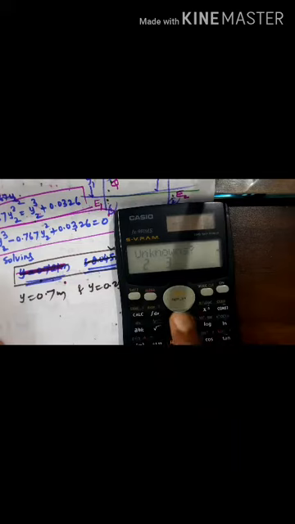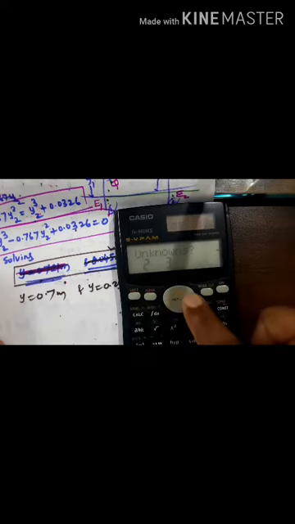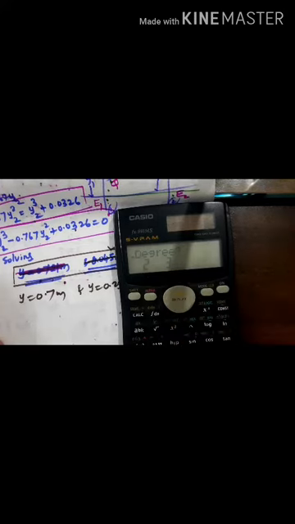Here it is asking unknowns, so don't press anything. Just press the replay button, right arrow. Then it asks degree 2 or 3. Our equation is third degree, so press 3.